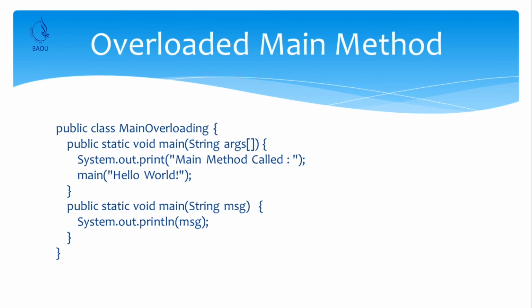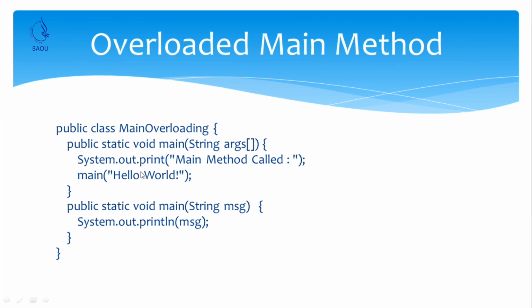Now, we take an example of how to overload the main method. The standard definition of the main method is public static void main, and it takes a string array as an argument. Here you can see another definition of main which is also public static void main, but instead of a string array we have one string variable passed as an argument, and it displays that value on screen.